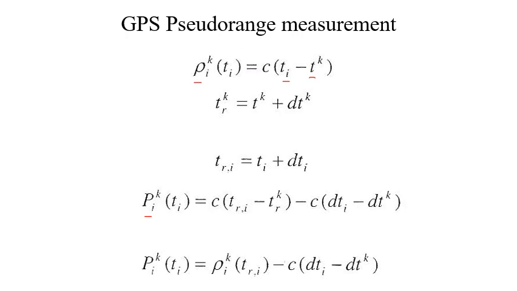That's why we talk about the satellite and receiver clock errors, and these are denoted respectively by dt^k and dt_i. The first one is the satellite clock error, and the second one is the receiver clock error.